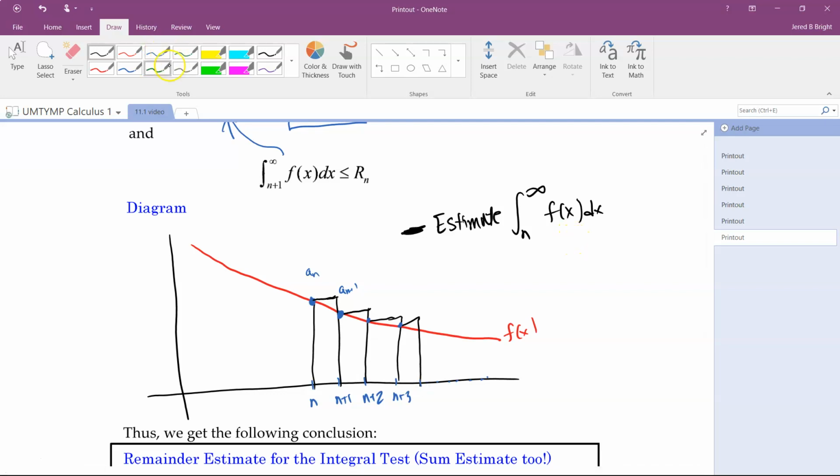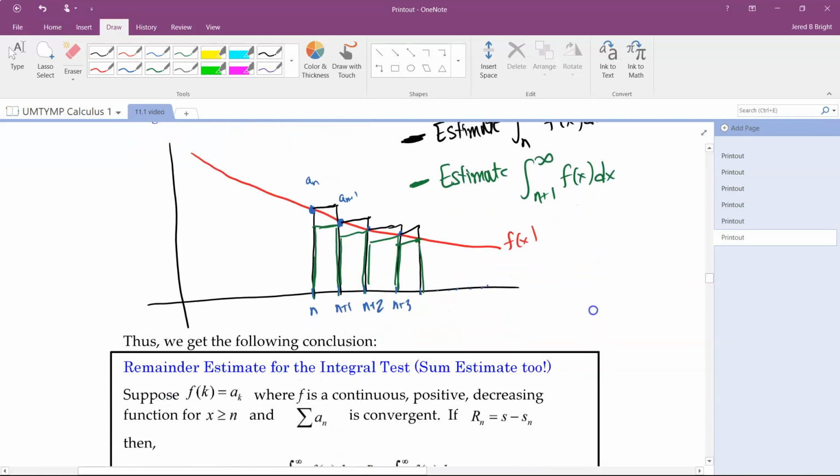And if we were to estimate from n plus 1 to infinity, we still have to estimate the region between n and n plus 1, so we'd use right-hand points, a right-hand sum, and this would end up being an underestimate. That's the idea behind where this estimate for the remainder comes from. We know it exists somewhere between these two integrals.